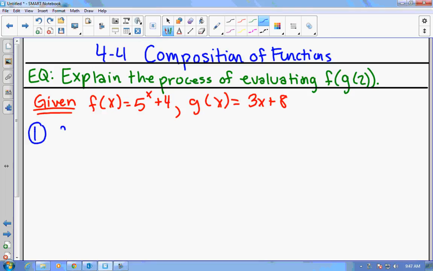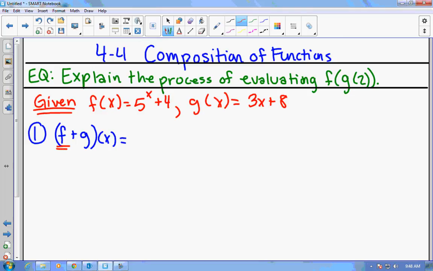The first way is f plus g of x. We're going to add them first. Now, order is very important on this, and what's on the inside is very important. So f comes first.